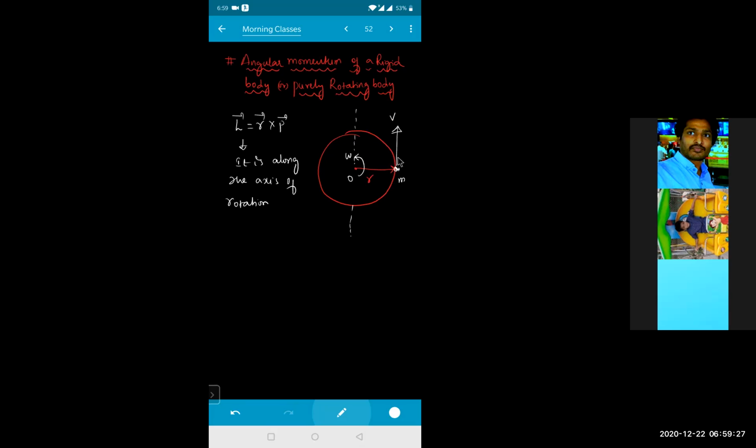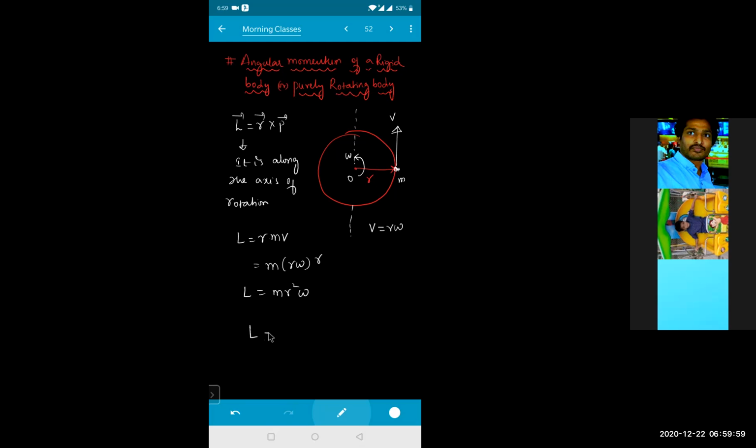Say, for example, for the given condition right now, L is equal to r into p. P can be written as m into v. We know that in circular motion, v is equal to r omega. So L equals m into r omega into r, which becomes m r square omega.